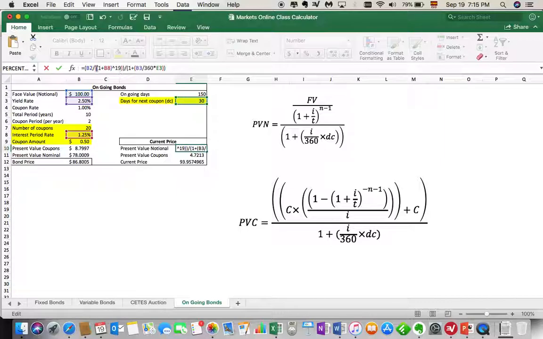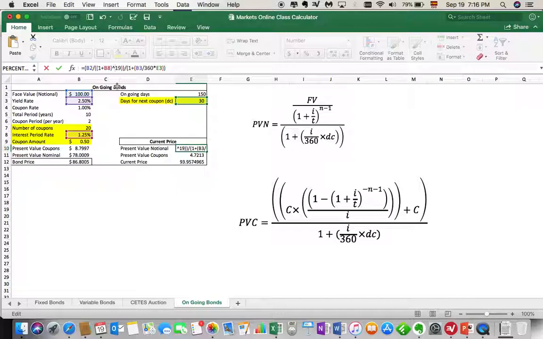We're just going to use the face value, B2, present value, 1 plus my interest rate, this is the yield rate, over time. Time is my coupons per year, so I already have it divided here, over 19 periods instead of 20.